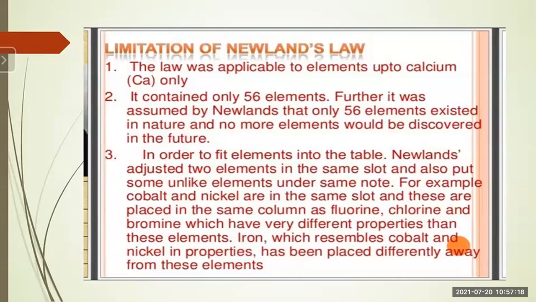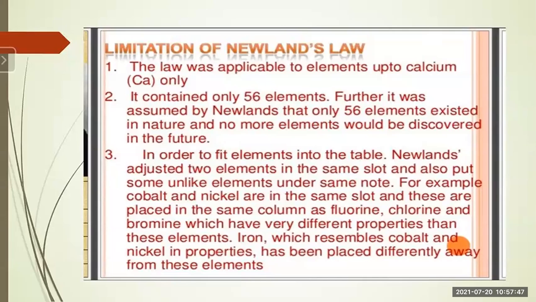Then, to fit elements into the table, Newlands adjusted two elements in the same slot and also put unlike elements under the same note. For example, cobalt and nickel that we have seen are in the same slot, and these are placed in the same column as chlorine and bromine, which have very different properties than these elements.